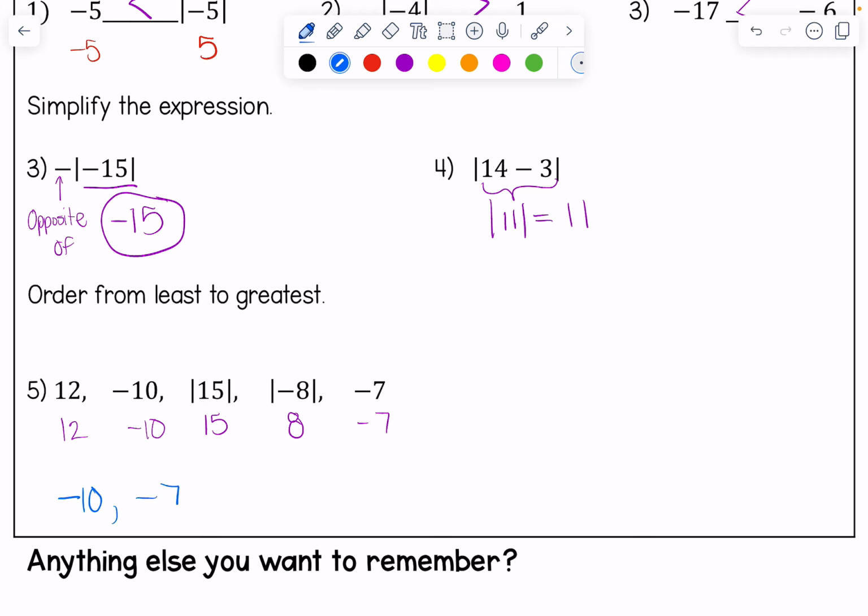Then would come -7. Now I'm done with my negatives, so I'm going to start going positive. +8 would come next, but I'm going to write it the way it originally was, so the absolute value of -8. Then would come 12, and then the positive 15, which was the absolute value of 15.